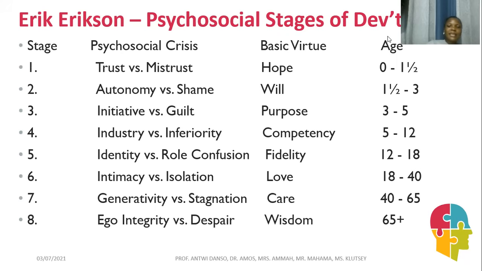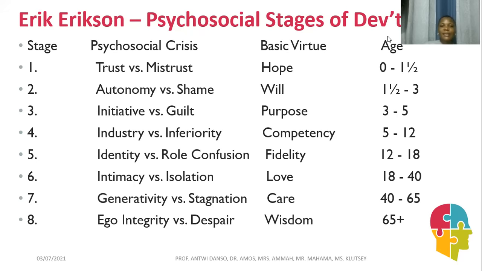Erickson says that everybody progresses through these stages from the time you are born, and there are age limits. As you go through these stages, there is a conflict or a crisis that you have to resolve. And once you resolve the crisis very well, you will gain a basic virtue.